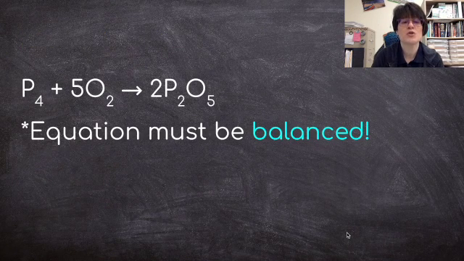When we do stoichiometry, we must work with equations that are balanced. So we're going to be using this equation throughout our whole discussion: the reaction of phosphorus with oxygen to produce phosphorus oxide.